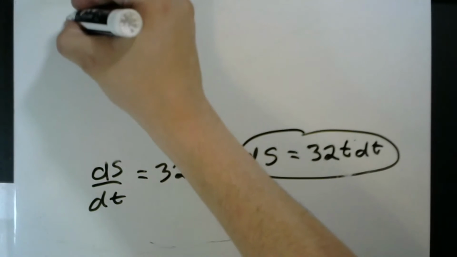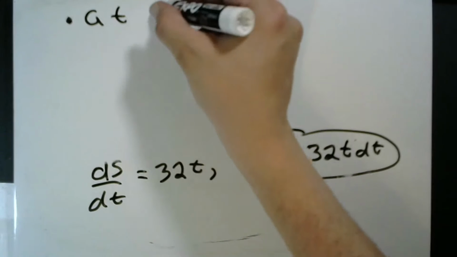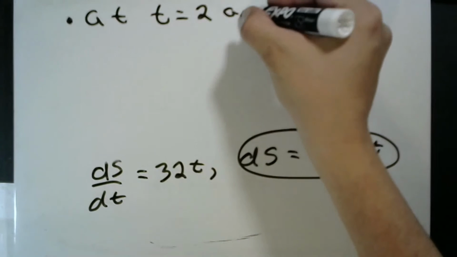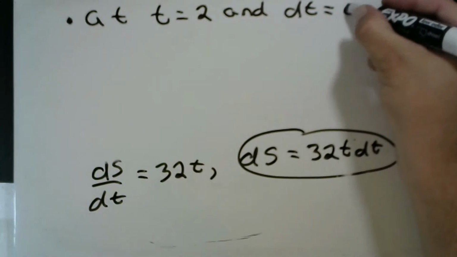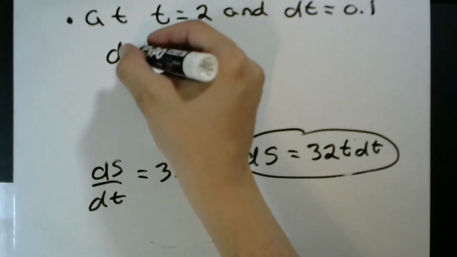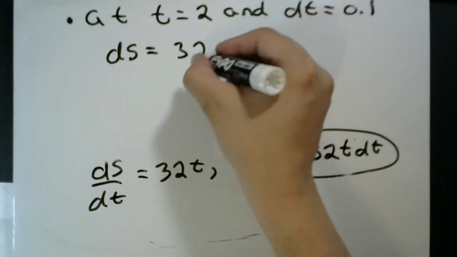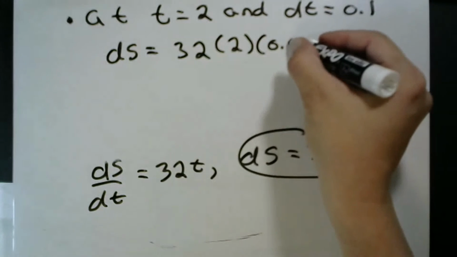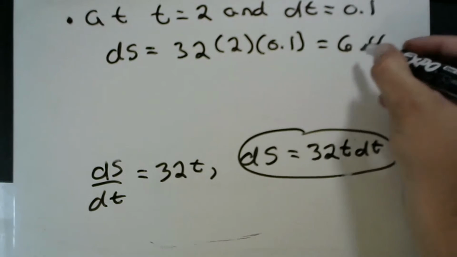So at t equals 2 and dt equals 0.1, ds is 32 times 2 times 0.1, is 6.4.